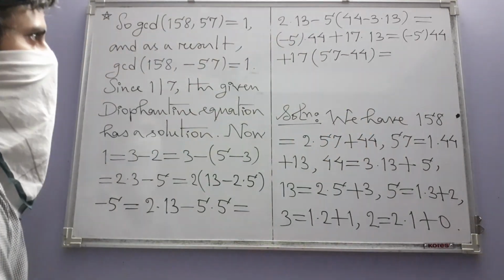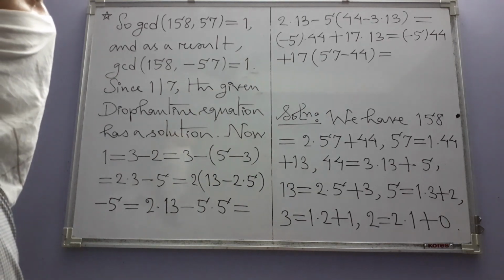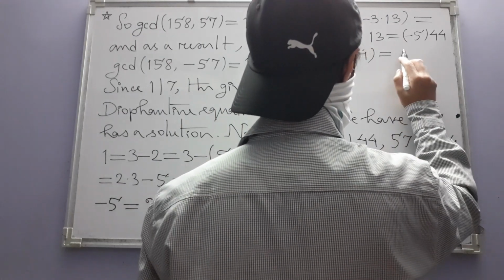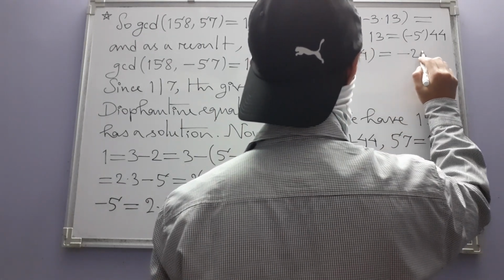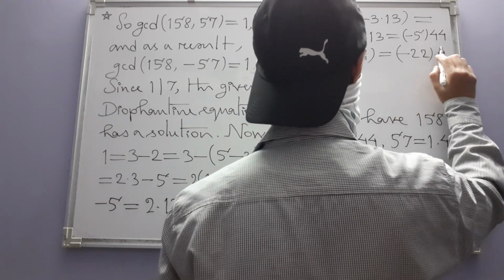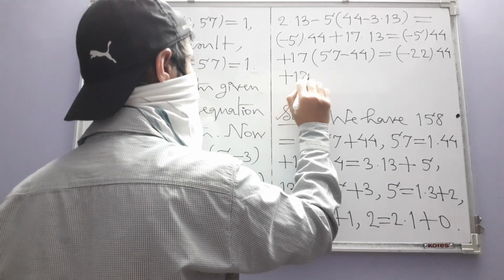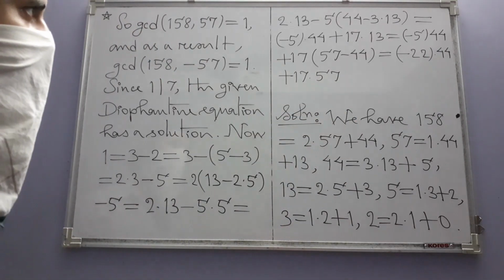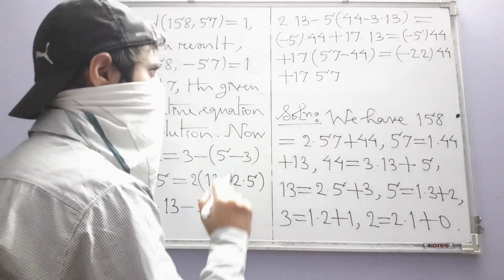So that gives me minus 17 and minus 5, that means minus 22 times 44 plus 17 times 57, and finally I replace 44 with 158 minus 2 times 57.